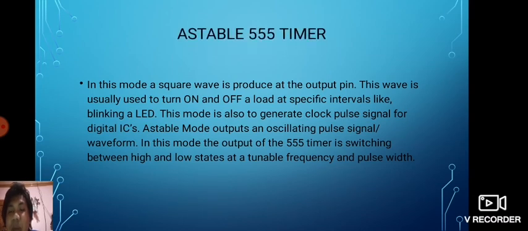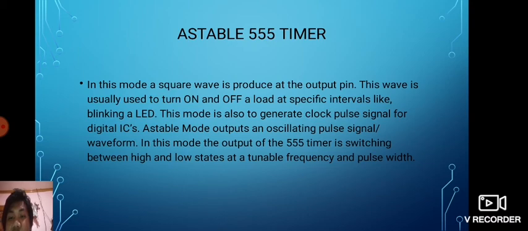Astable 555 timer. In this mode, a square wave is produced at the output pin. This wave is usually used to turn on and off a load at a specific interval, like blinking a lamp.